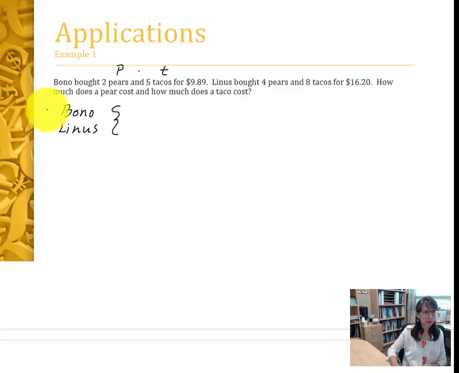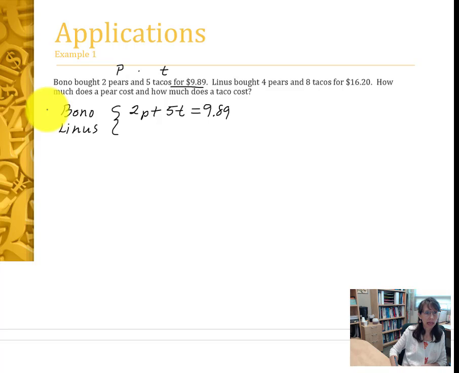So we'll try to write a linear equation to describe what Bono is purchasing, and that would be 2 pears, so 2p, and 5 tacos, so 5t. And the price is $9.89, so that must equal 9.89. So notice how we have a linear equation in 2 variables to describe what Bono is purchasing.